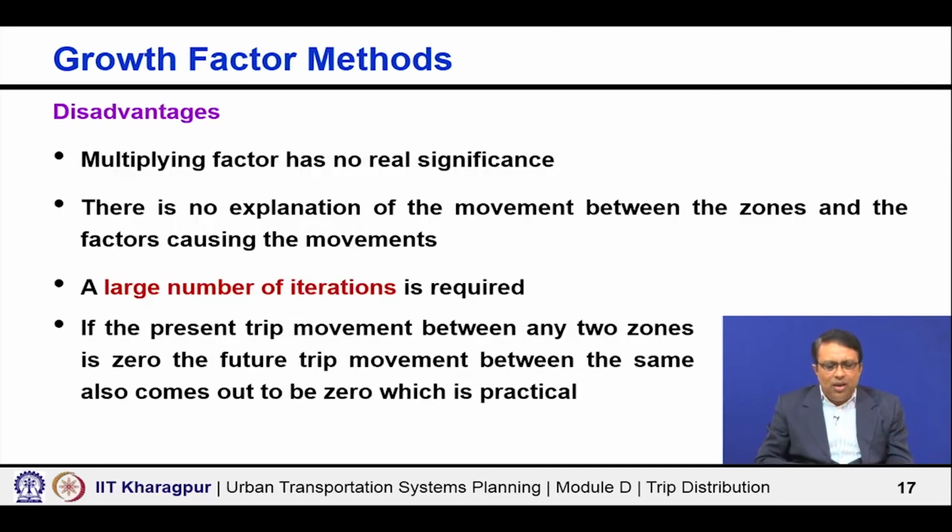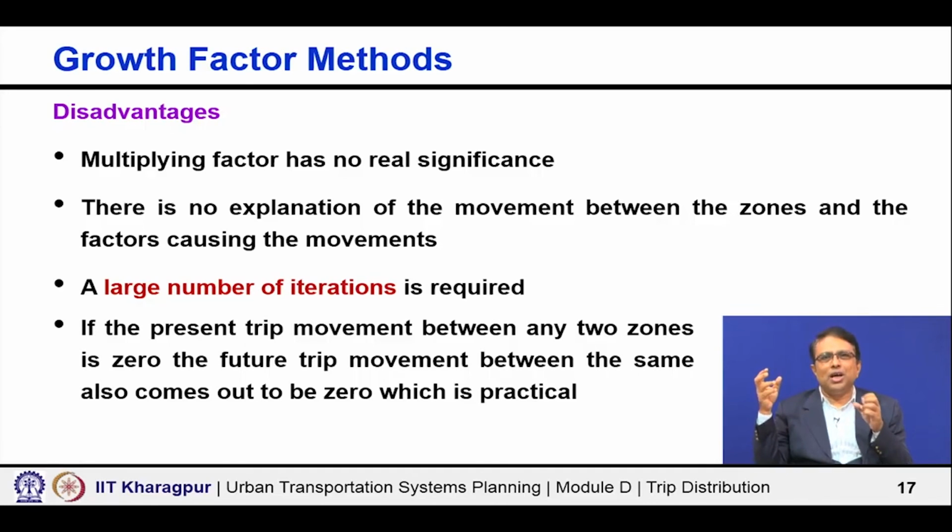So, what are the disadvantages? The disadvantage here is again that the multiplying factor has no real significance. Of course, we duly considered a more logical factor, because earlier there was just one factor for every zone, whereas we know that each zone has different growth, right. And when you talk about a cell, then I and j both ends are important.